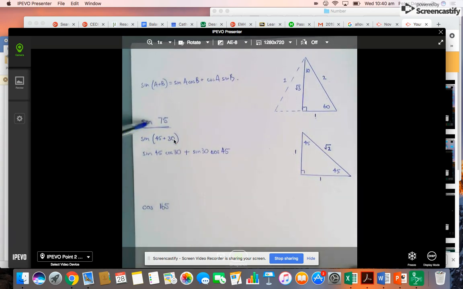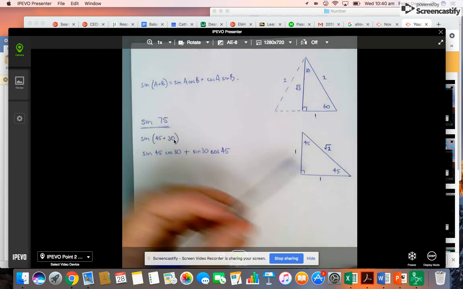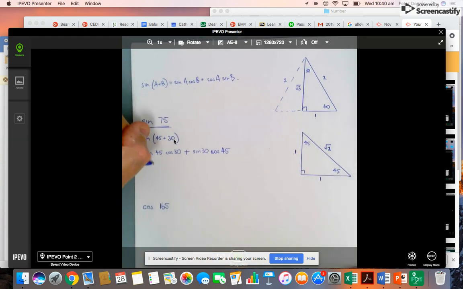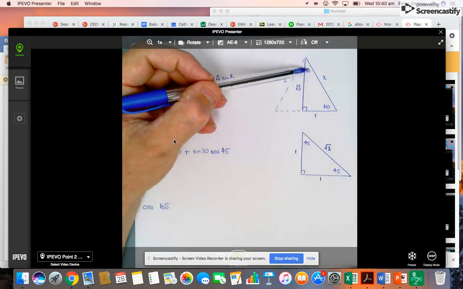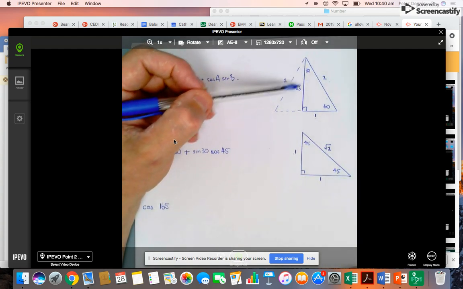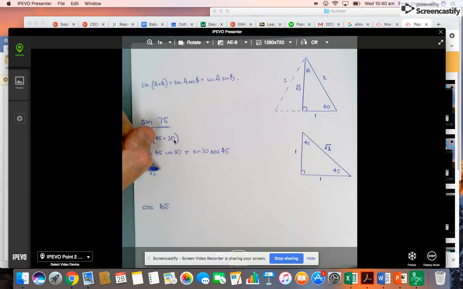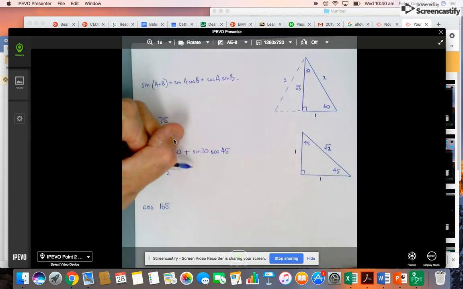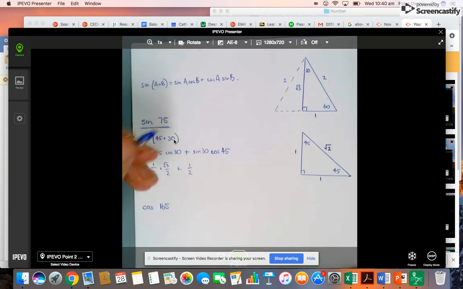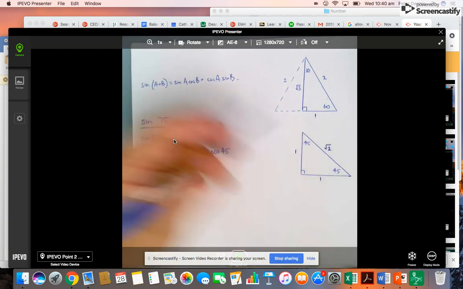So now we've got the sine of 75 is the sine of 45, which is 1 over root 2, plus what's the cos of 30? The cos of 30 is adjacent over hypotenuse, root 3 over 2, plus the sine of 30 is a half, and the cos of 45 is 1 over root 2, adjacent over hypotenuse.